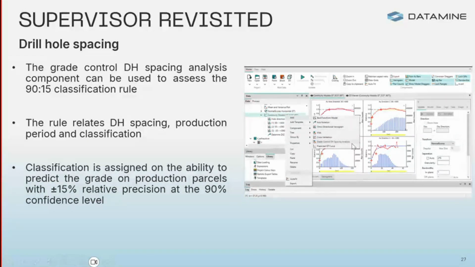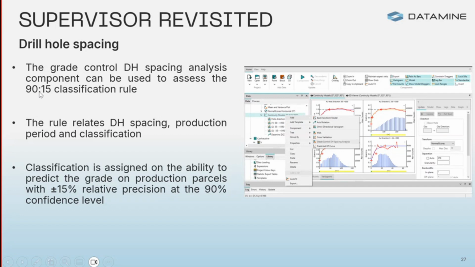It is shown right here. Look, the component is not specifically designed to run this 90-15 classification rule. I'm going to give you more information about that, but it can be used for that purpose.